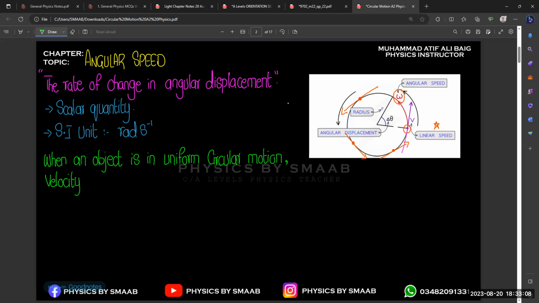So velocity constantly changes direction, and you already observed how the direction of velocity changes, always tangent to the circle, right? So the direction is continuously changing, but speed remains the same.